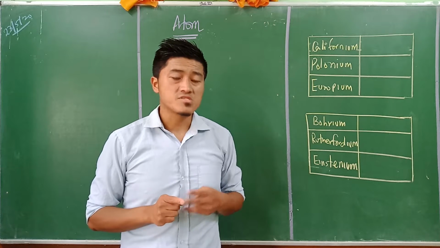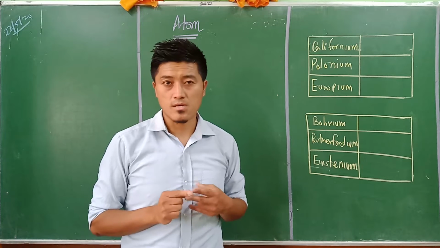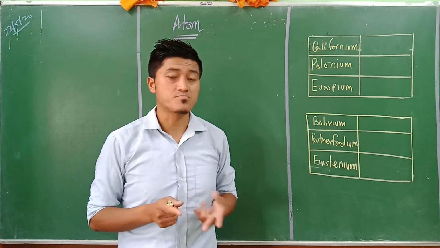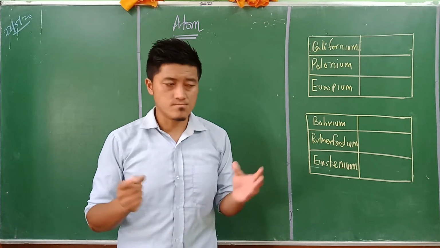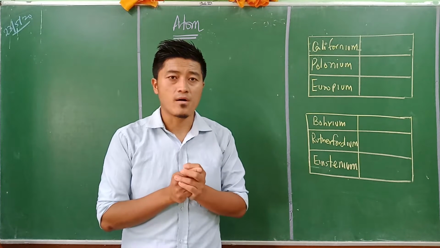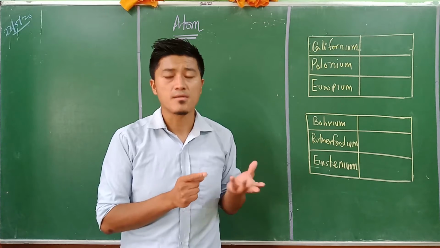Secondly, there was another person in the 17th century, Joseph L. Proust. His law is also referred to as the law of constant proportion or definite proportion, which says that all chemical substances have their elements present in a fixed proportion by mass.